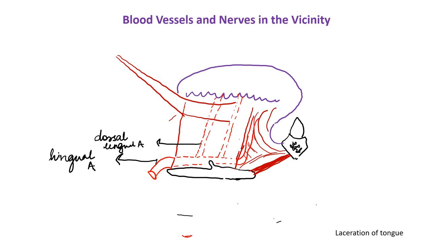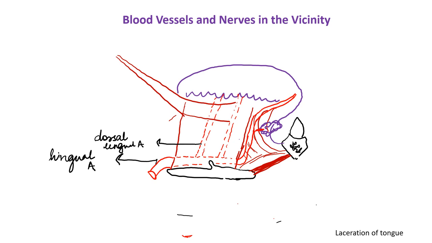Here, it gives a branch to the sublingual salivary gland, which is present out here, which is the sublingual branch, and then continues through the bulk of the genioglossus to reach the tip.